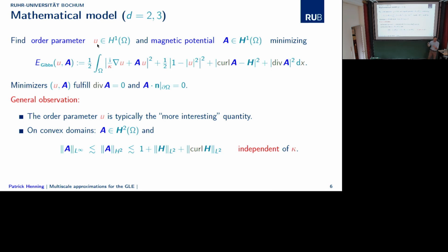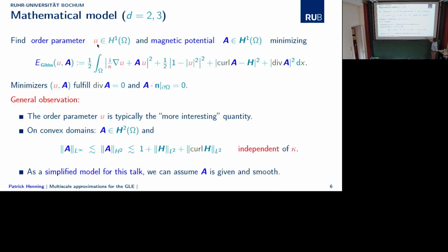So you quickly see that this is not so interesting, and that's why I will assume that A is given and that we just minimize for u. But as I said, you could also minimize simultaneously for u and A, and essentially the results will still remain the same. Okay, so as a simplified model for this talk, I assume A is given and A is smooth, which is reasonable and consistent with reality.